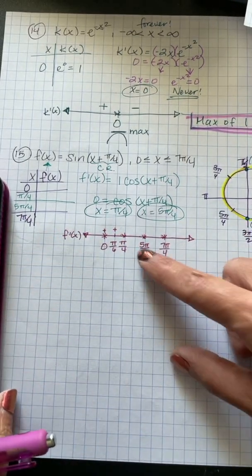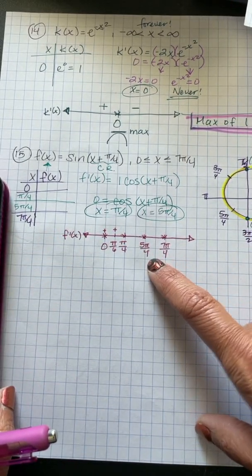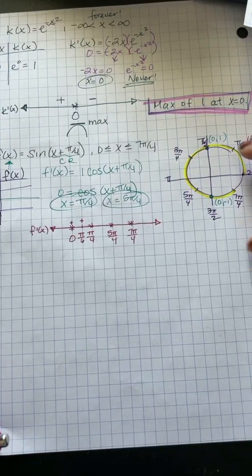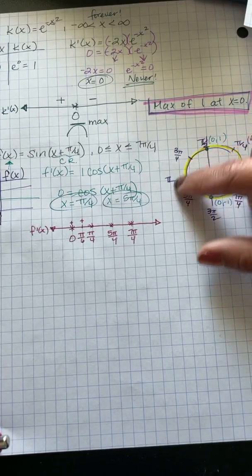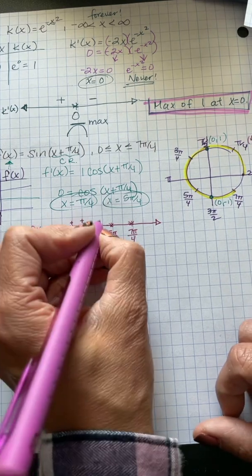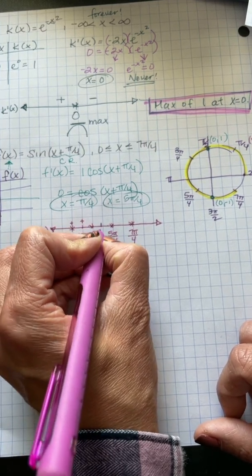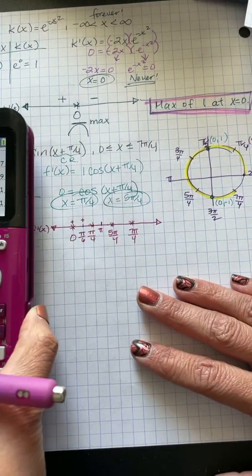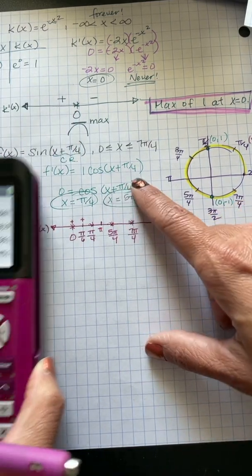Okay, and then between pi over 4 and 5 pi over 4, I could pick anything in between here. So let's pick, what, pi? Pi sounds good. Apple pie sounds good. All right, so that would be cosine of pi plus pi over 4.